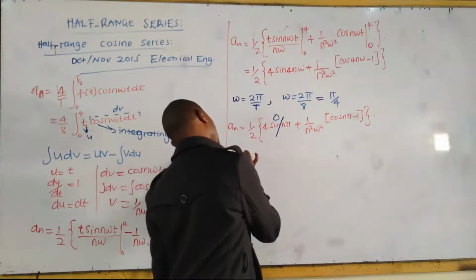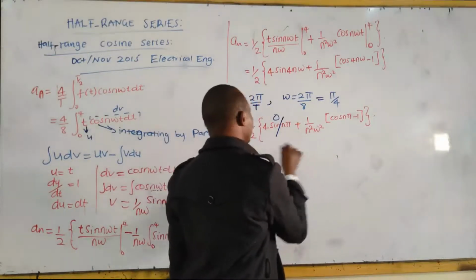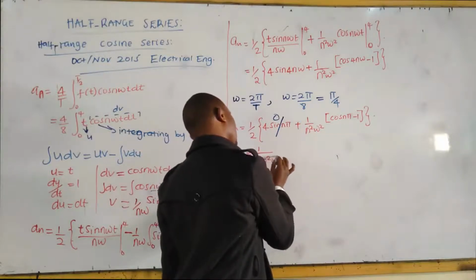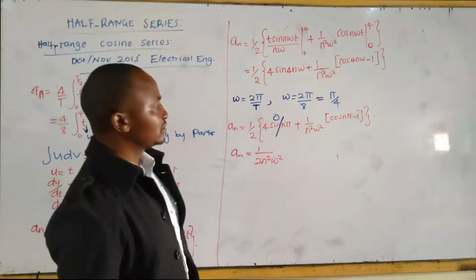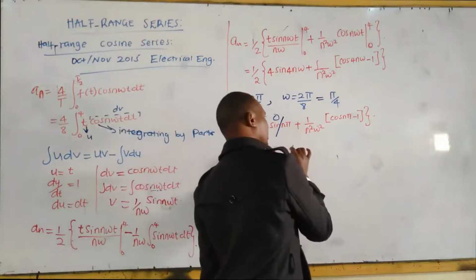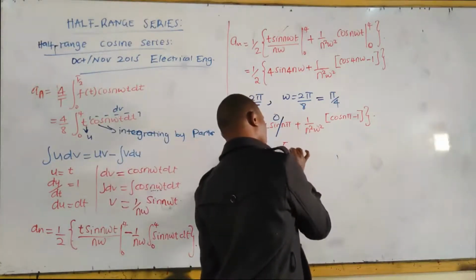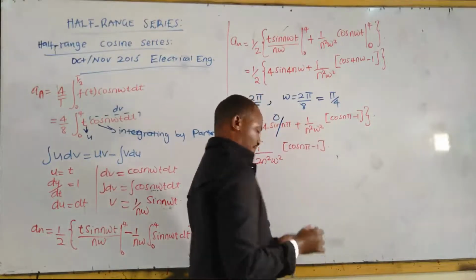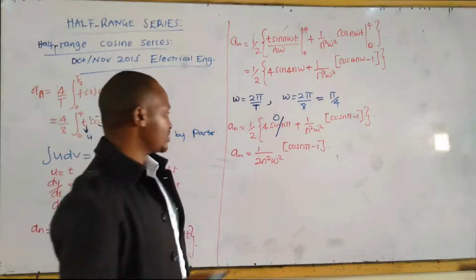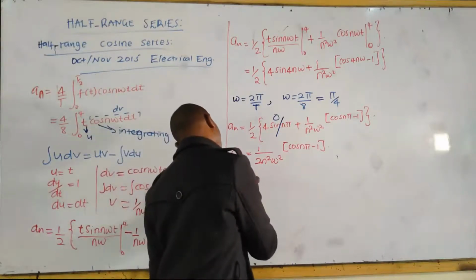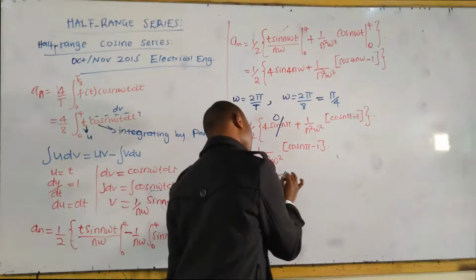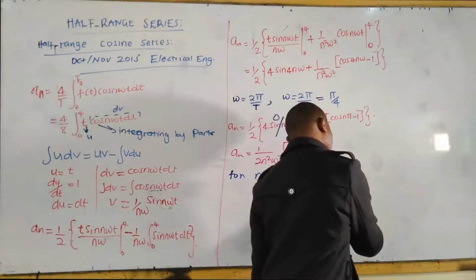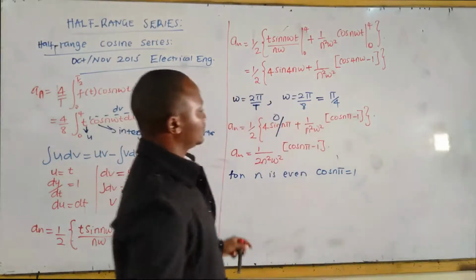So an is equal to, open the bracket here, 1 over 2n squared omega squared, cos of n pi minus 1. Here we are going to have two scenarios. For n is even, cos n pi is equal to positive 1.